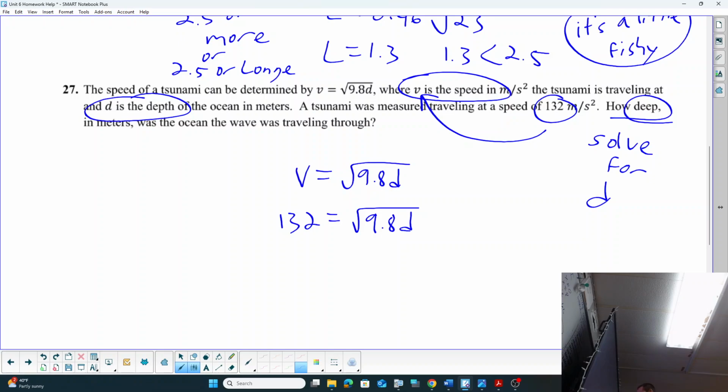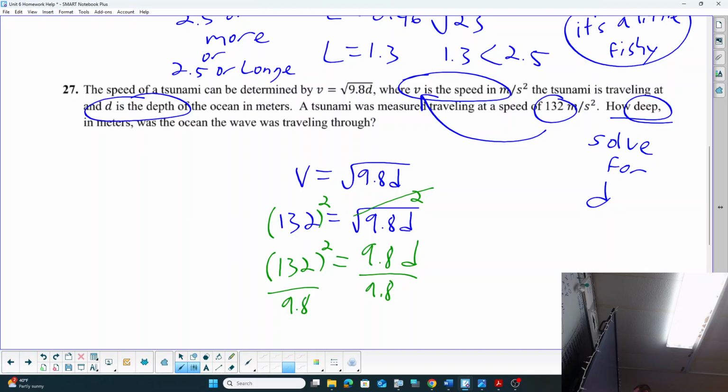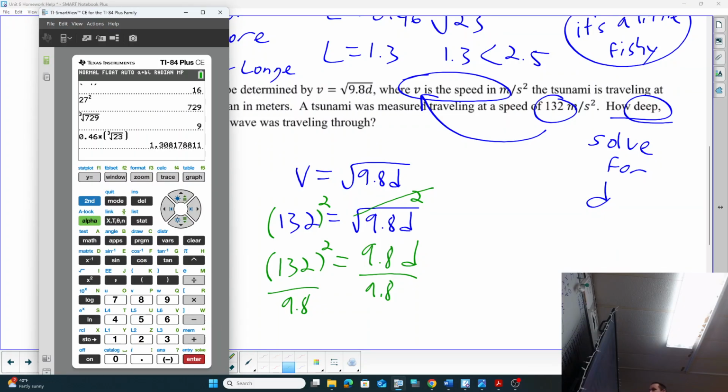Okay, so we're going to go ahead and square both sides to get rid of the root. So we get 132 all squared, and then we have 9.8d. And now we just divide by 9.8. So we use our calculator. We go 132 all squared, and then divided by 9.8.